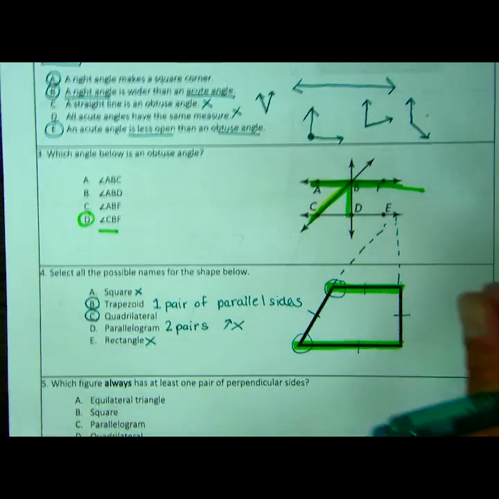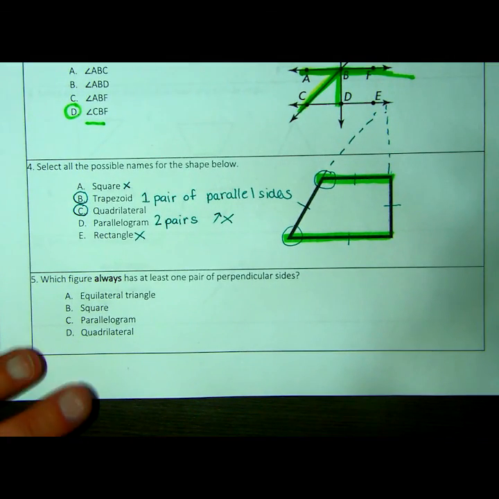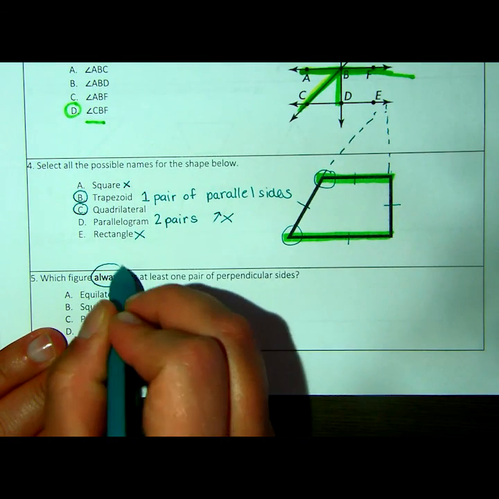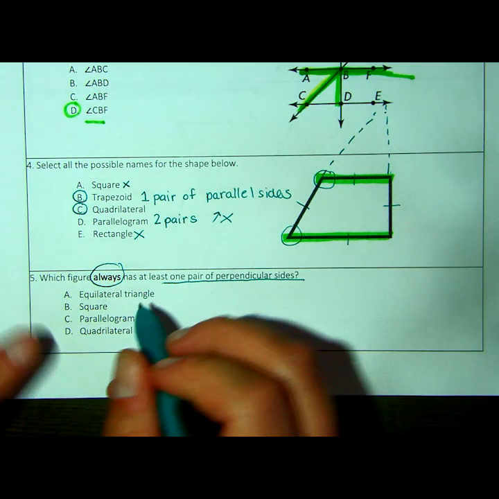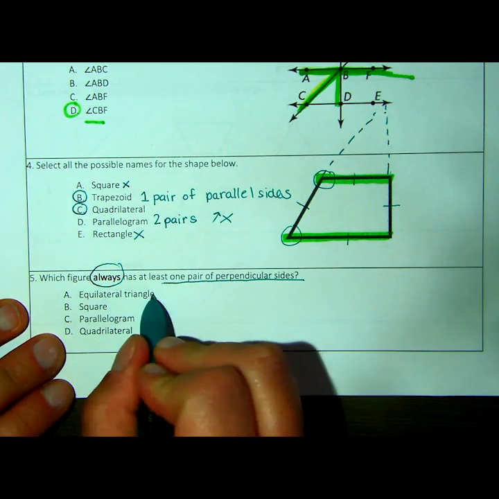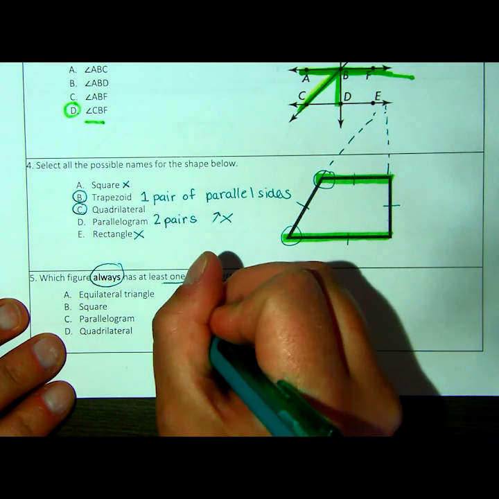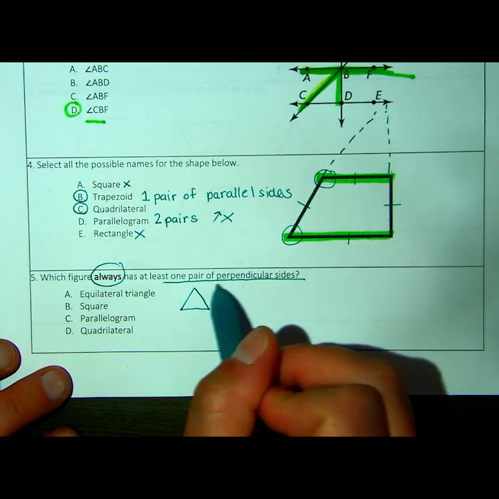Let's look at number 5. Which figure always has at least one pair of perpendicular sides? So in this example, my brain automatically wants to draw each figure. So an equilateral triangle. All 3 sides are the same. Are there any perpendicular sides?